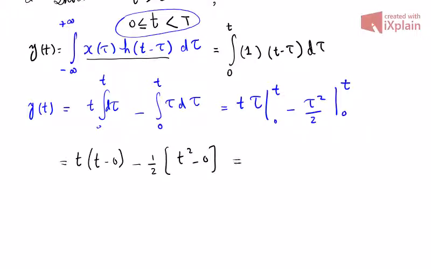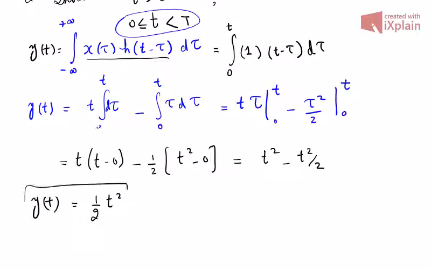We can write it as t square minus t square over 2, and the answer is half t square. So y of t in this range, when t is greater than 0 and less than capital T, is half t square.